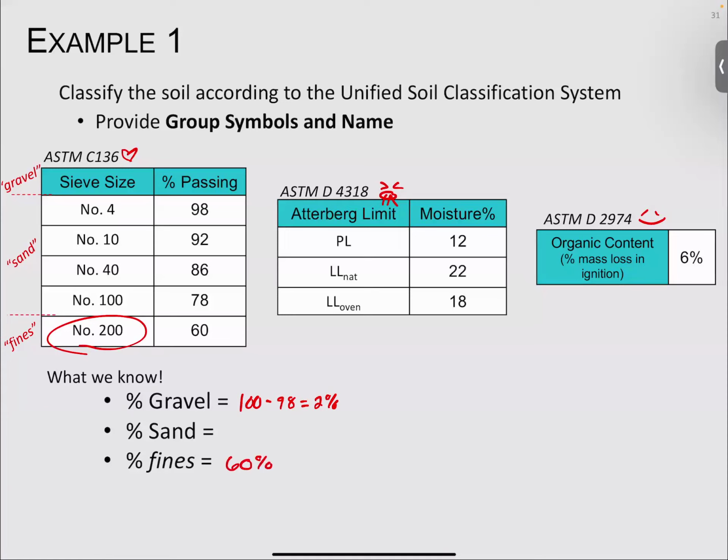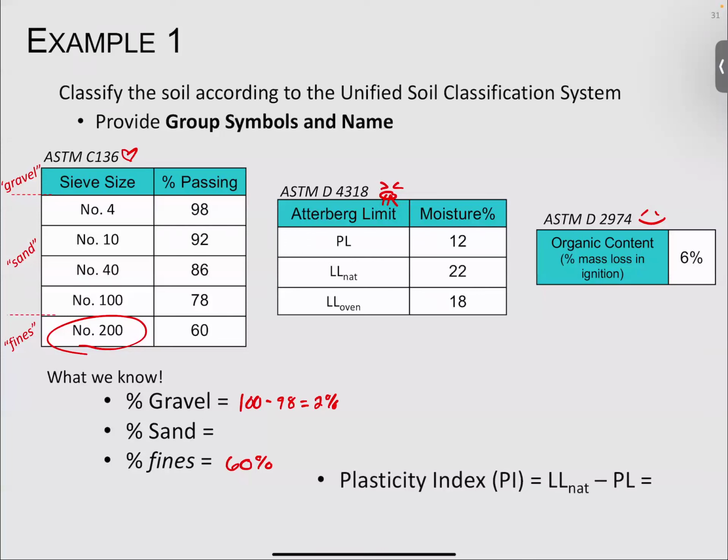So right off the bat, do we know if this will be a symbol that starts with a C or an M or an S or a P or a G? Is it going to be a gravel? Is it going to be a sand? Or is it going to be either a clay or a silt? Clay or silt, right? Because right off the bat, that first thing, that 200 sieve, we know we're going to be going off to the left of our chart. So we'll be hanging out over there on that other side.